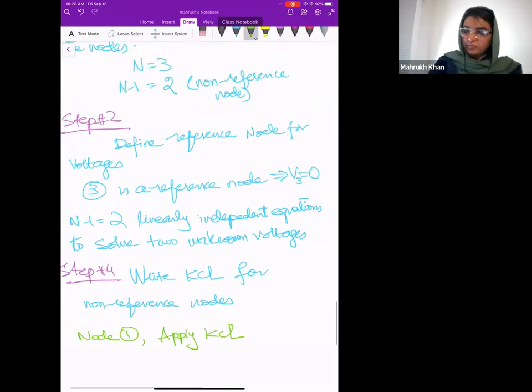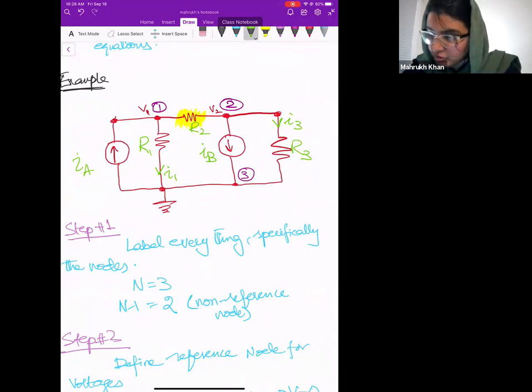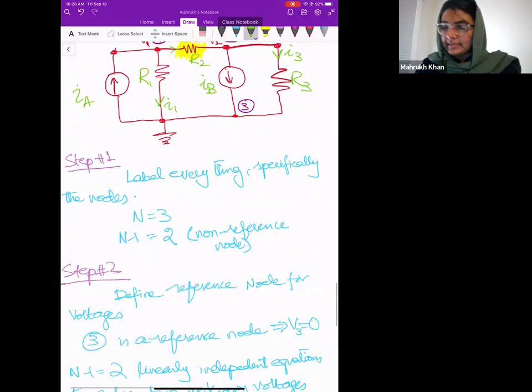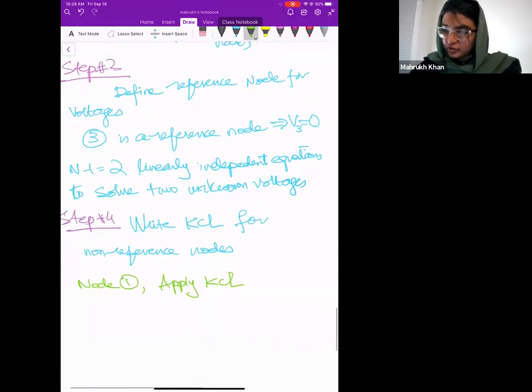okay, so let's apply KCL there. So in terms of currents, there is I1, and if I say this is our I2, my leaving currents are positive and entering currents are negative. So I will just write it like this.